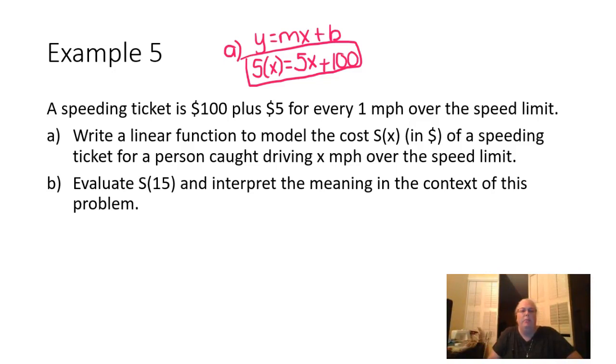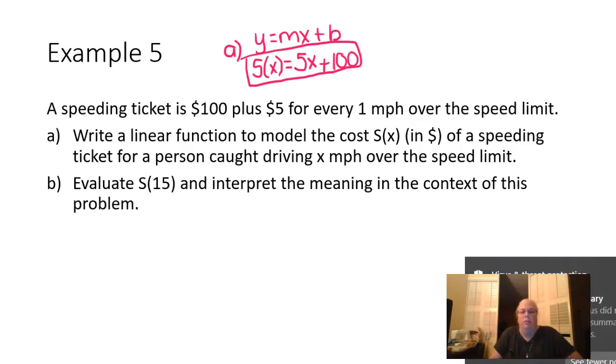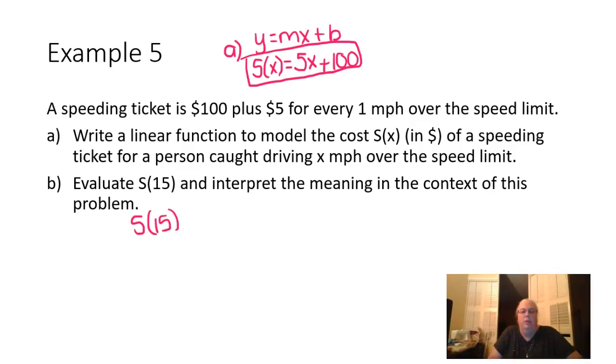Now for part B, it says evaluate S of 15 and interpret the meaning in the context of this problem. Well, this is asking me to take 15 and plug it in for x into my model. So S of 15 is going to be 5 times 15 plus 100.